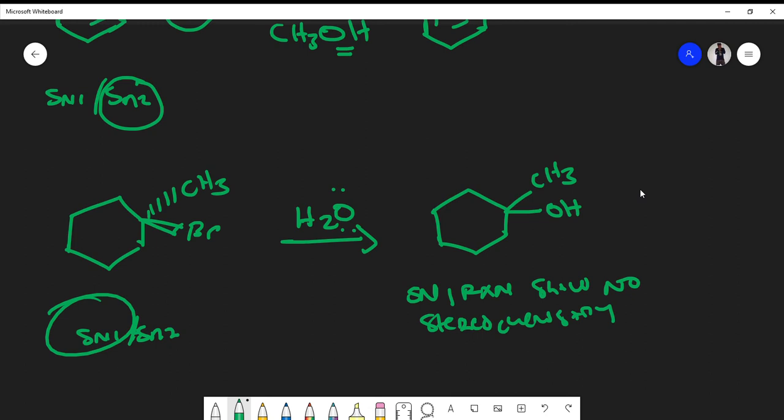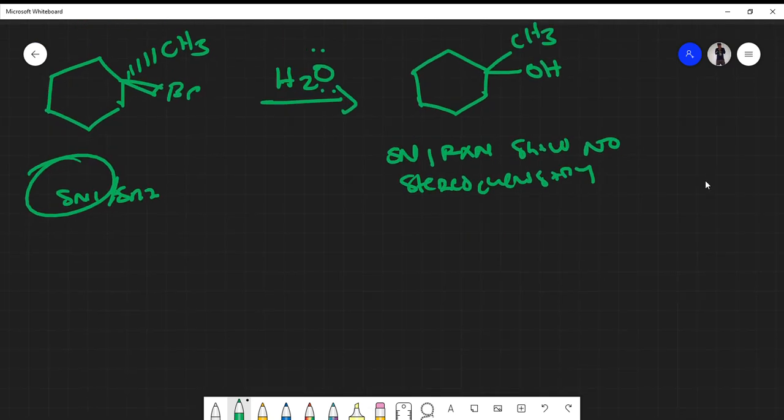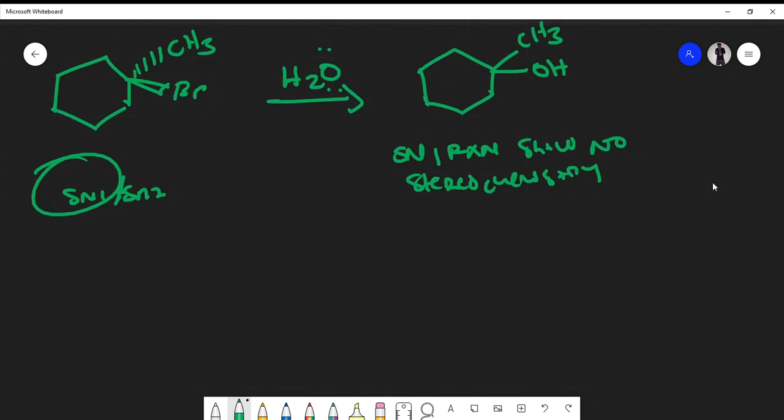We really do not show any stereochemistry in SN1 reactions, and I'm going to show you why. If we look at the mechanism real quick, the bromine leaves and we create our carbocation.